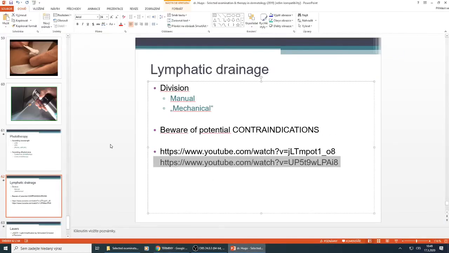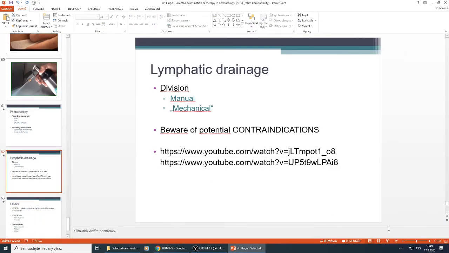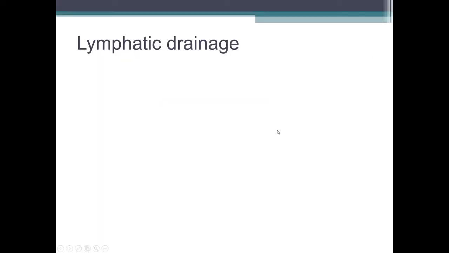So that was lymphatic drainage, and the last method that I want to focus on today are the lasers.